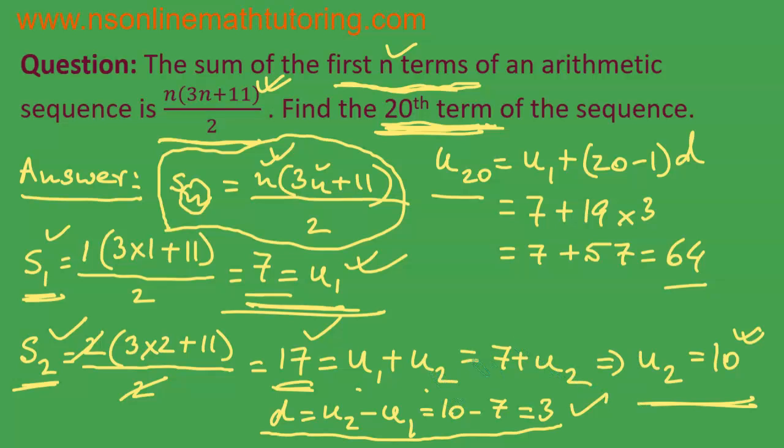So this is how we get the terms of an arithmetic sequence when they give us some arithmetic series values.